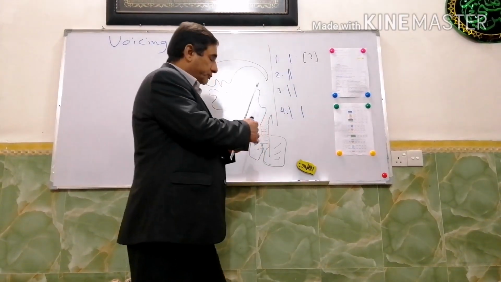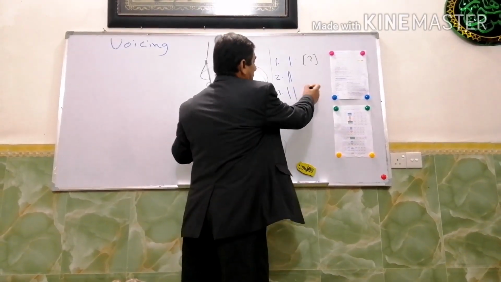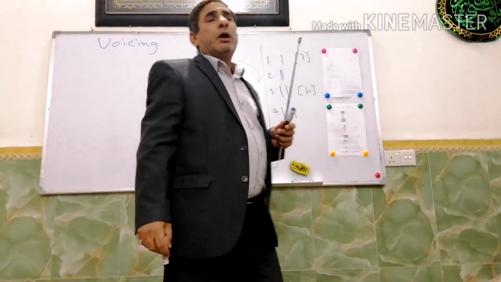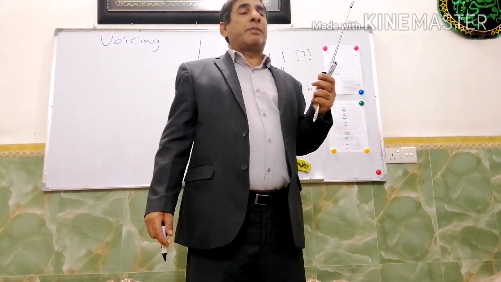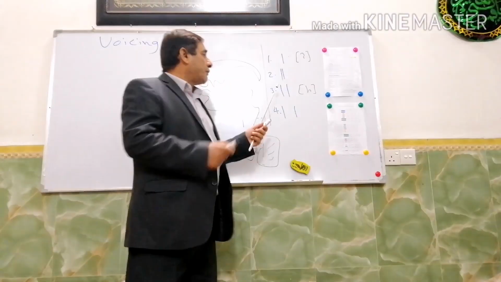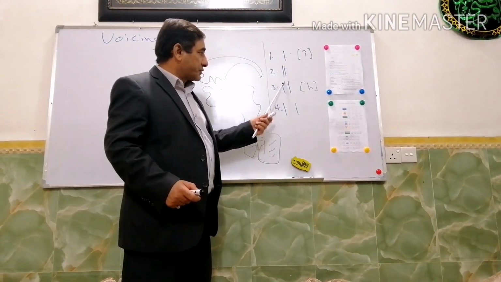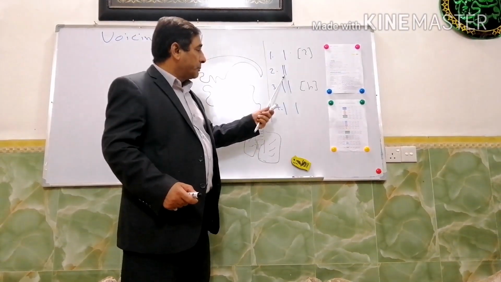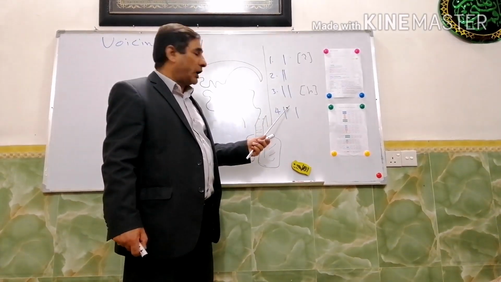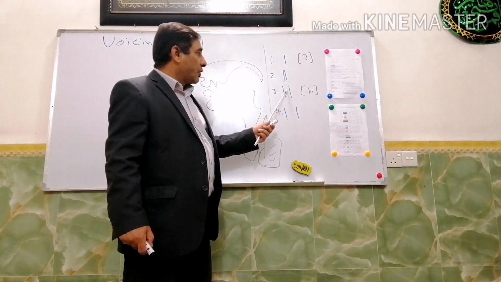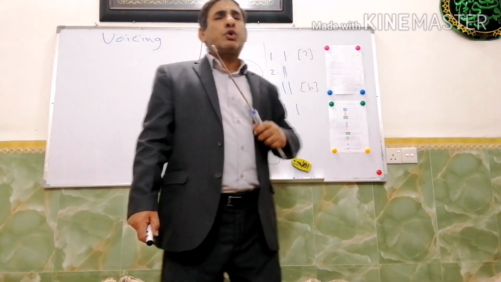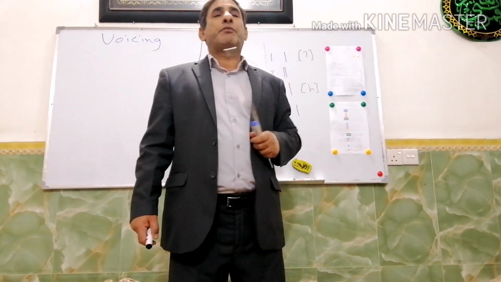Now here, the only sound in the third state is the sound h, represented by the letter H. When the breath passes through the vocal folds, the space between them is called the glottis. The glottis is open. So when the breath passes through, it passes without causing vibration, but it causes friction.